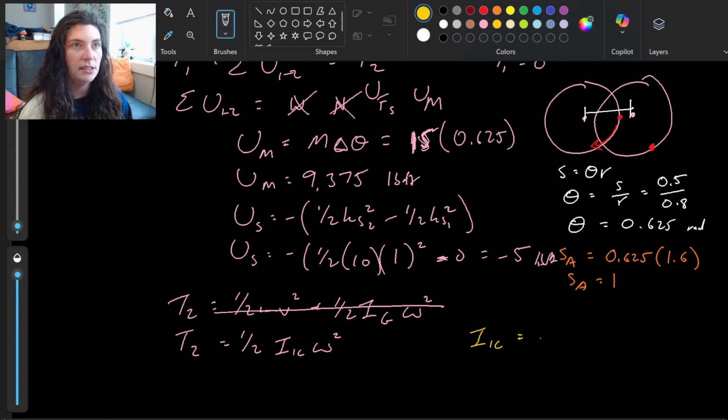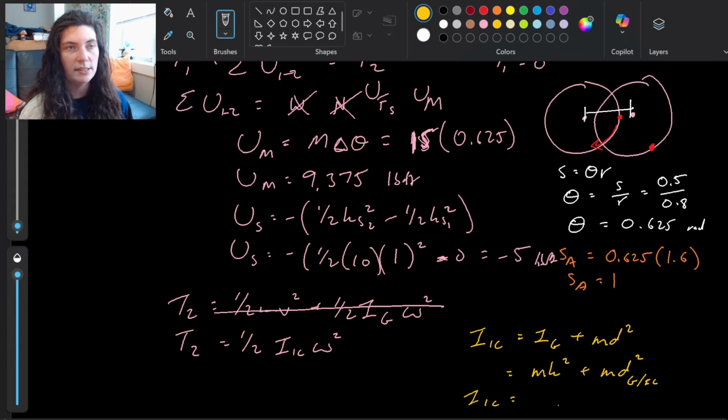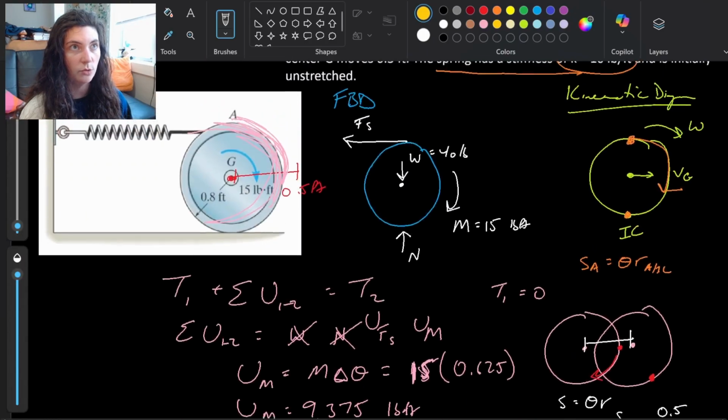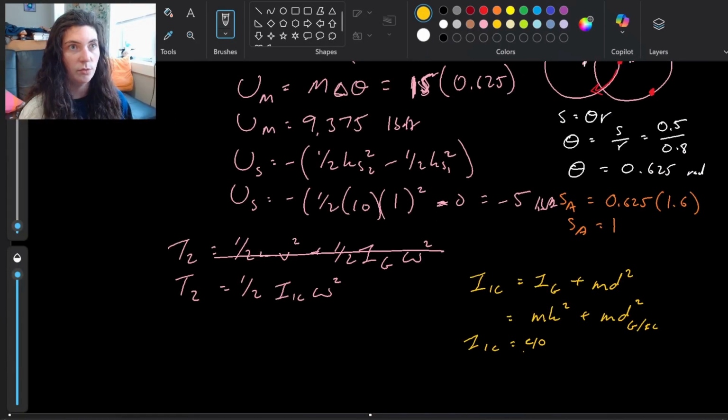So I_IC is going to be I_G plus m d squared. I_G is m k squared, then plus m d squared, where d is the distance between G and IC. So my moment of inertia about IC is going to be, my mass is the 40-pound wheel, so 40 pounds is the weight, and we want to divide that by 32.2, times the k value.